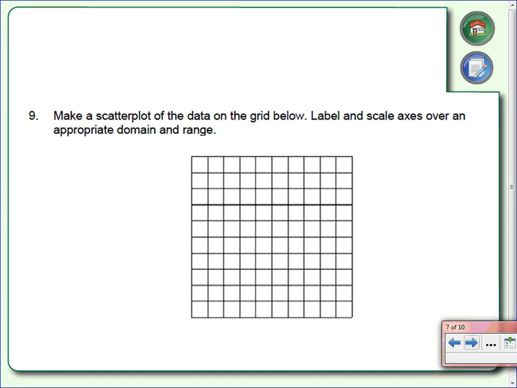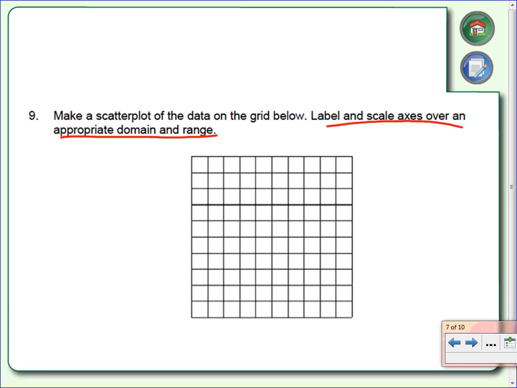Okay, let's keep going. Just like on the first one, we're going to have to create a scatter plot based on this table of data. Before we can do that, let's go ahead and label the x and the y-axis. First of all, the x-axis. What exactly is my x-axis? What am I going to put down here at the bottom?